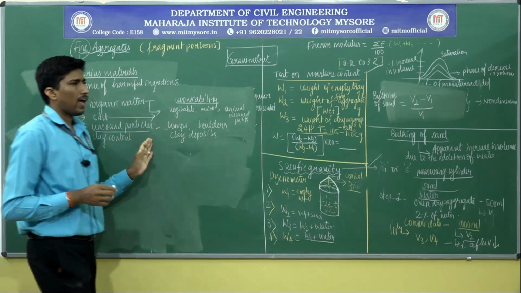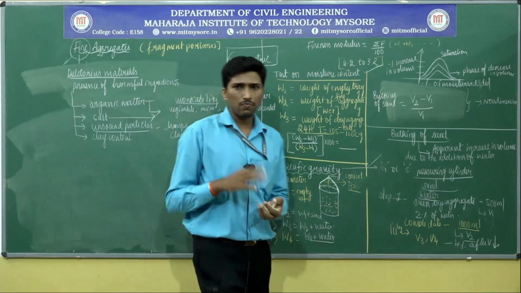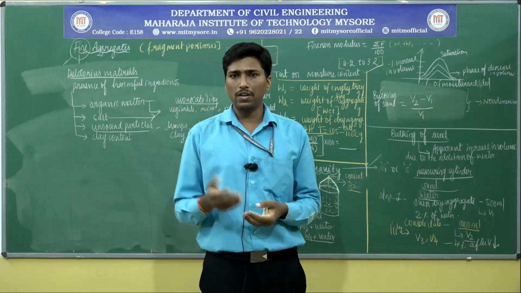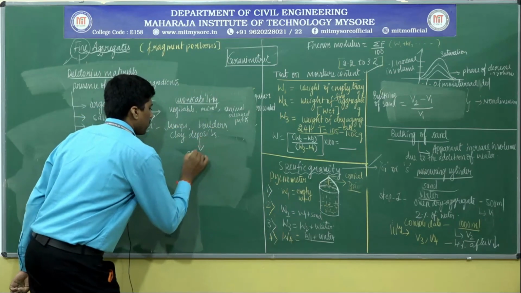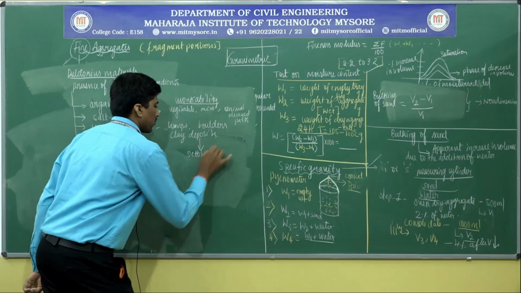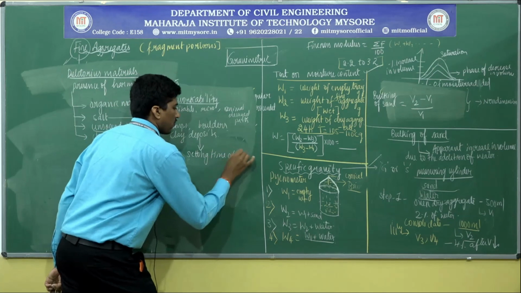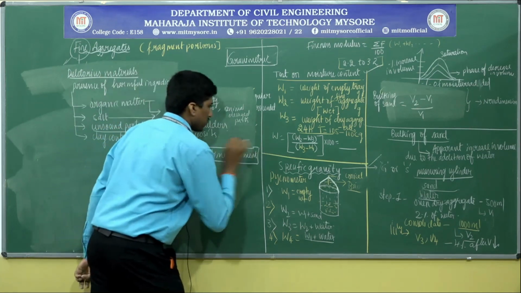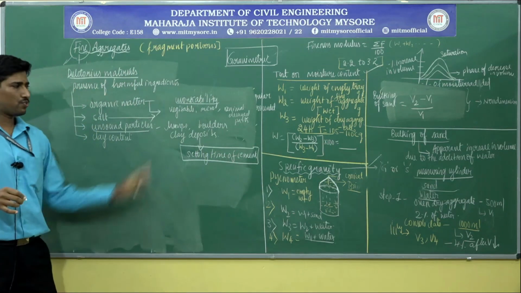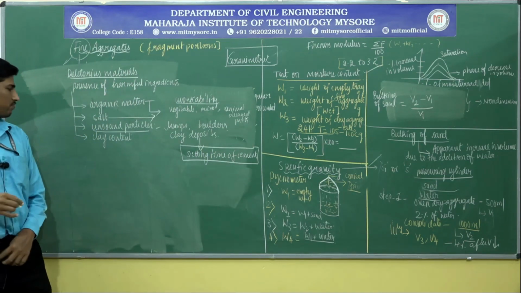Therefore, they have a hindering mechanism for the setting time of the cement when it has been utilized. They hinder the setting time of the cement, which is a major critical concern.